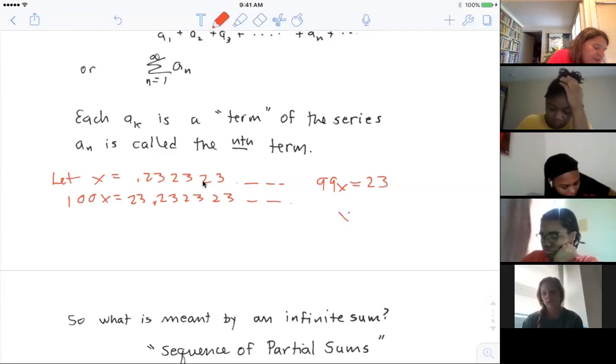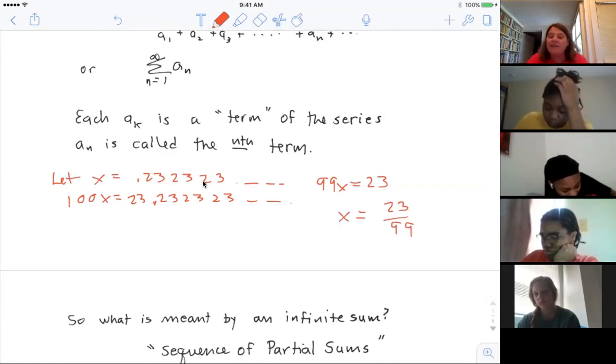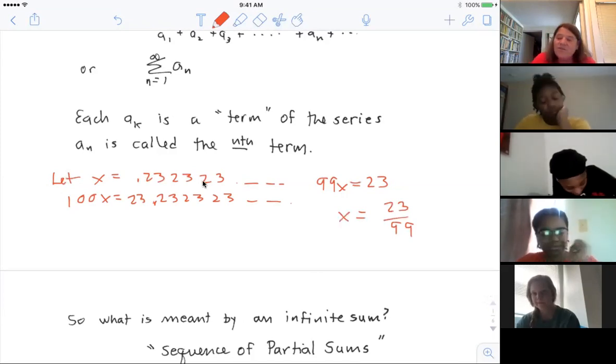If I solve for x, you'll get 23 over 99. If you put that in your calculator, guys, that's what's going to give you that 0.232323. If you've got your calculator with you, try it. But that's a little trick.